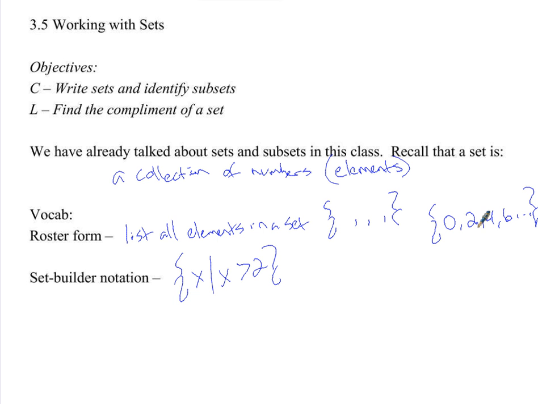So instead we use set builder notation: squiggly bracket, pick a letter, so x such that x is a positive even number, and then close the squiggly bracket. So set builder notation can be used to write down what a set is without having to write down every single element like roster form makes you do.